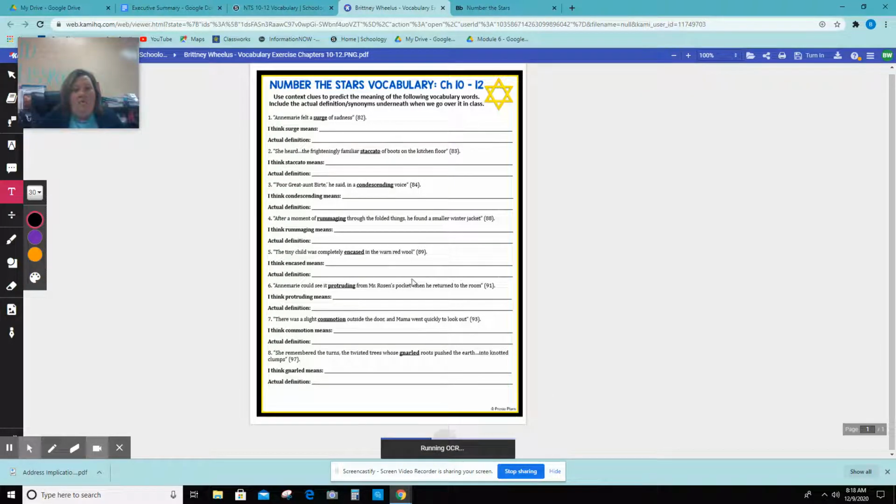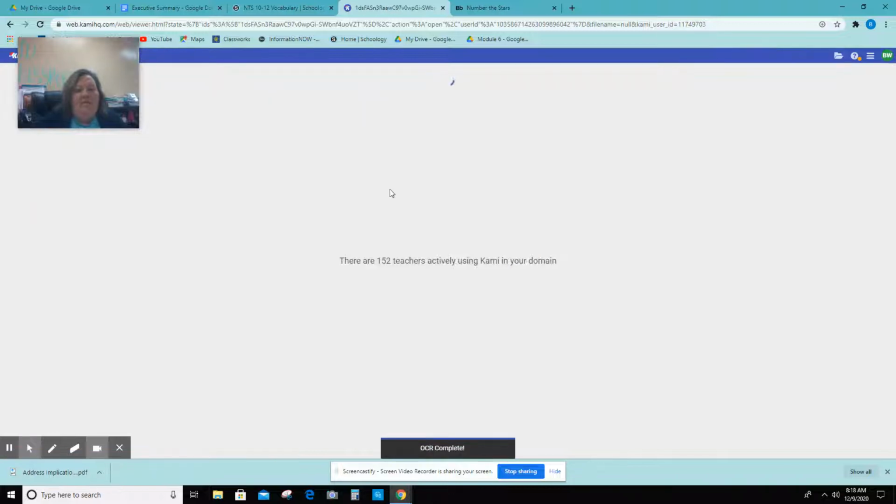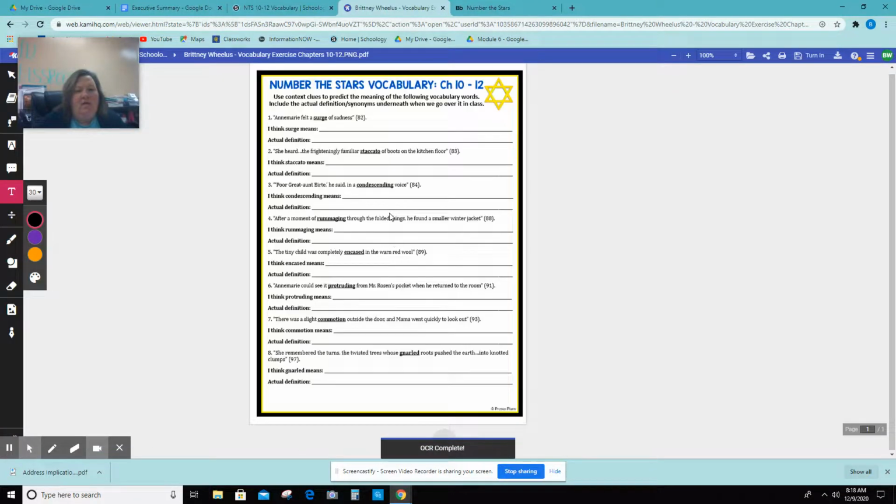I'm not 100% sure what that means, but we're going to see. All right, Number the Stars vocabulary. Chapters 10 through 12. Use context clues to predict the meaning of the vocabulary words. Include the actual definition / synonyms underneath when we go over it in class, okay?